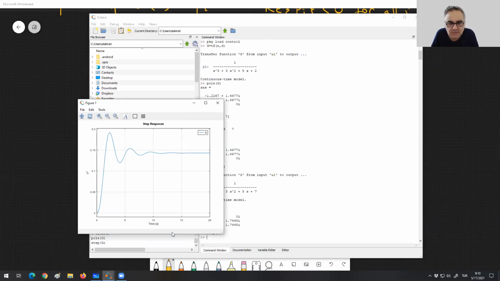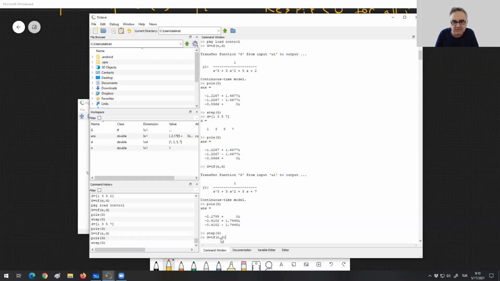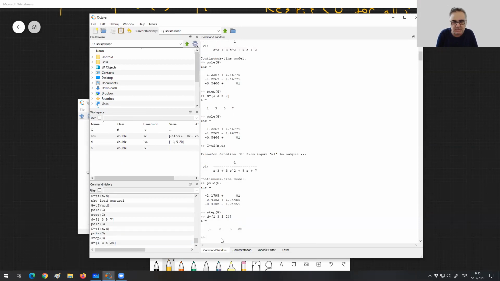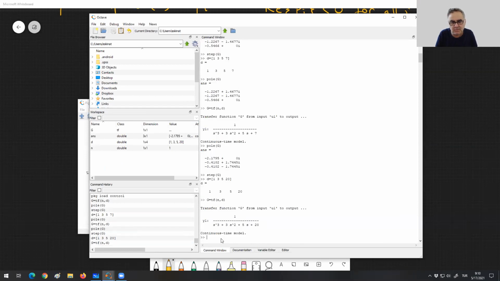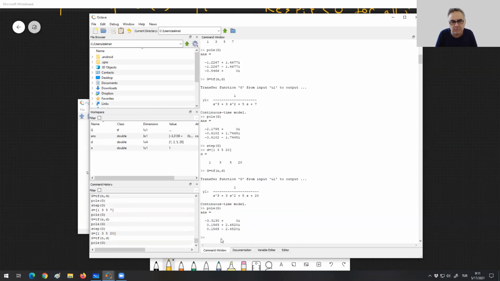But eventually, if, for example, I change the D term, let's make it 20 or something, the last term. I'm just making this up, actually. So our system is this one now. Let's look at these poles. You see, now 2 poles have become positive. Now let's look at the step response.